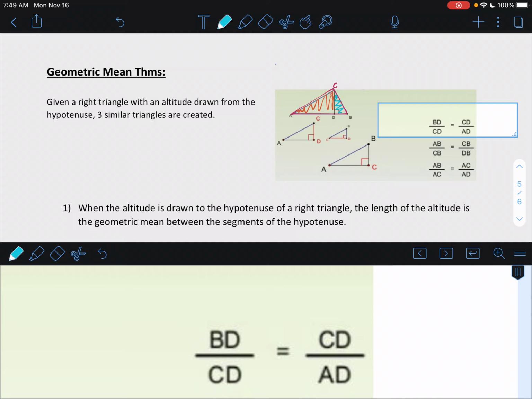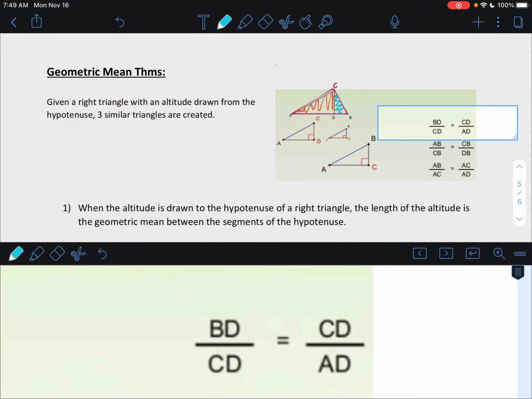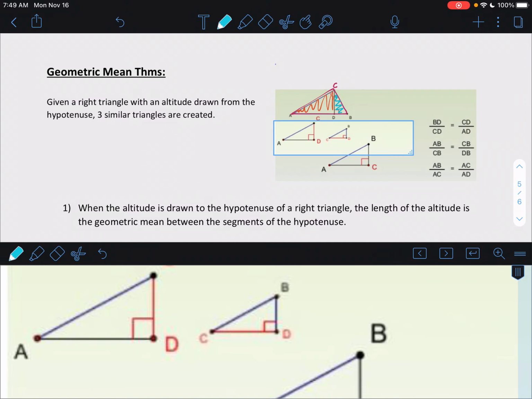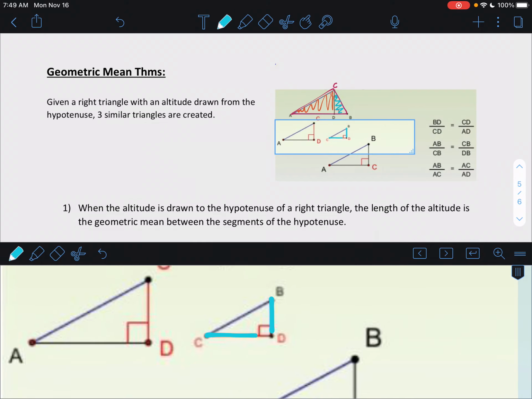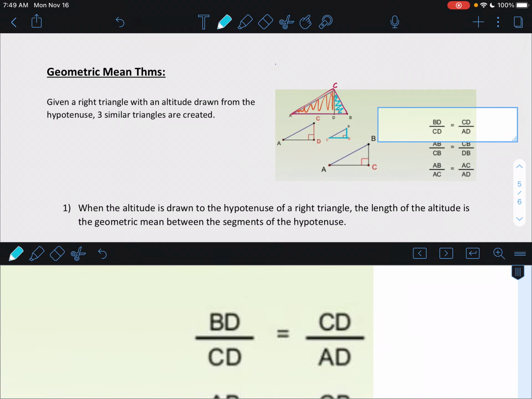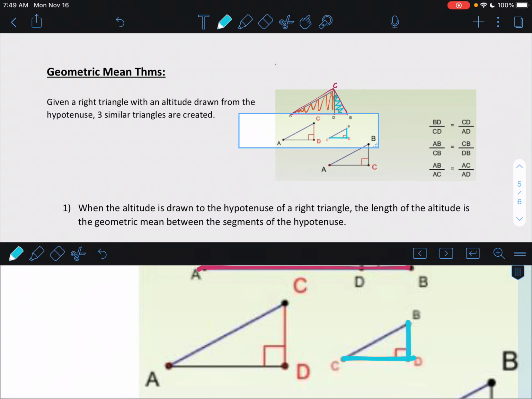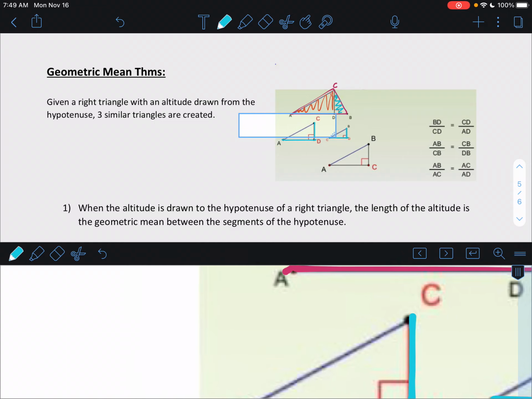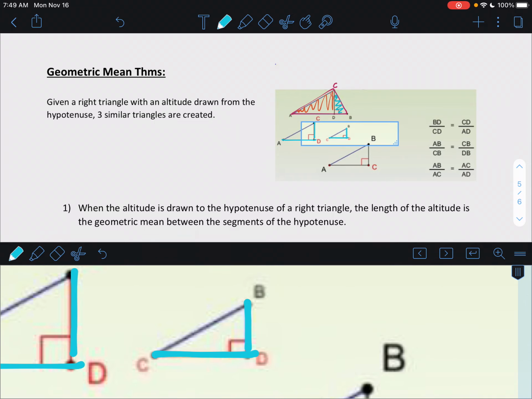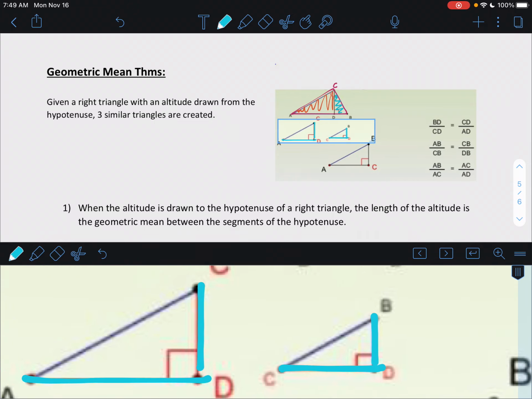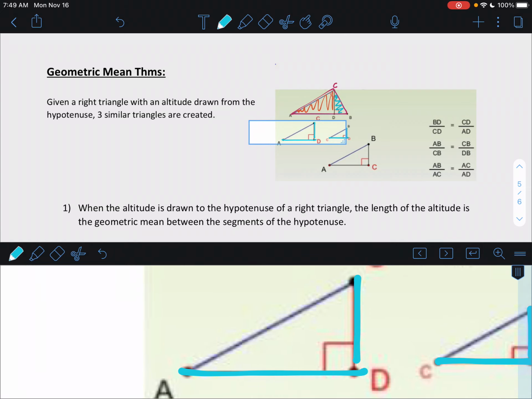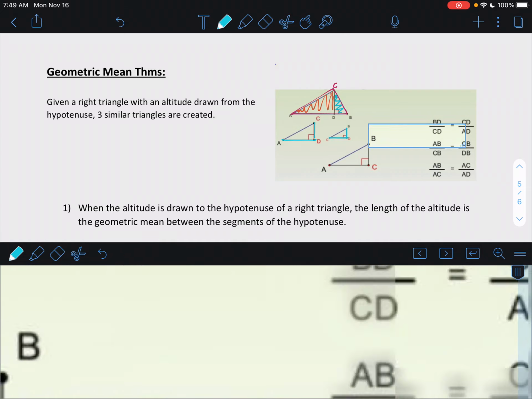It also has some of our possible proportions set up here. It says BD over CD equals CD over AD. So they said the short side of this triangle divided by the long side of this triangle equals the short side of this triangle divided by the long side of this triangle, which is true because they're similar triangles.